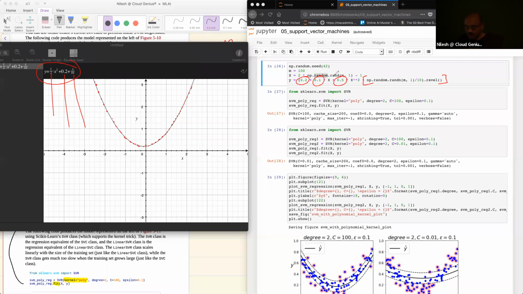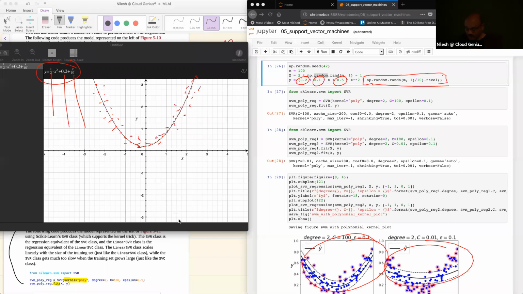So in our data generation, we are introducing some noise. That means our data points will be all over the map, but broadly speaking, representing this curve. That's the data set we are now using.